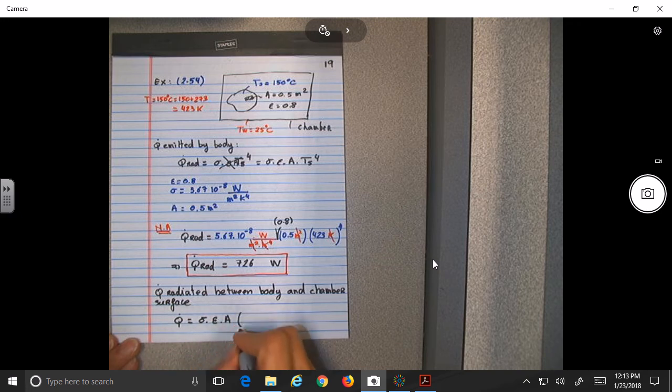So this time what are you going to have? Same equation, but you need to add the wall, no?